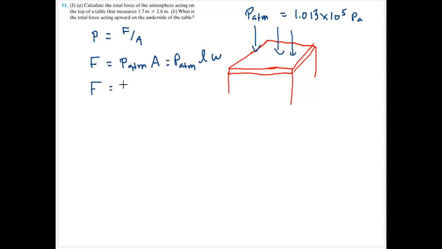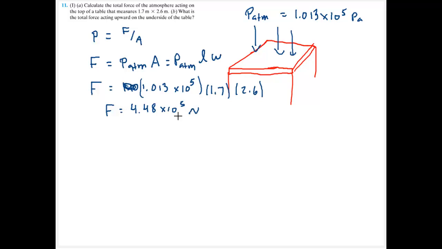So the force is going to be 1.013 times 10 to the 5th pascals multiplied by the length, 1.7, multiplied by the width, 2.6, and the force is going to then come out to be 4.48 times 10 to the 5th newtons.